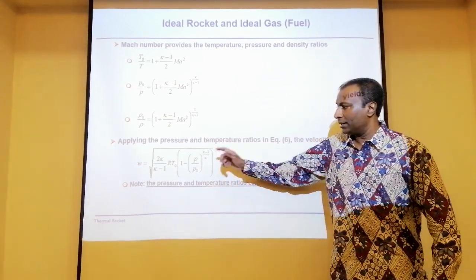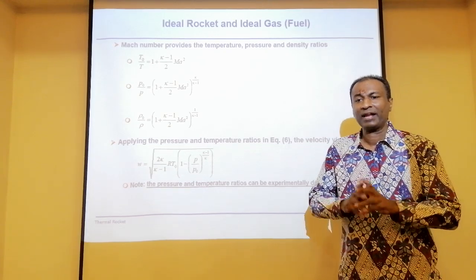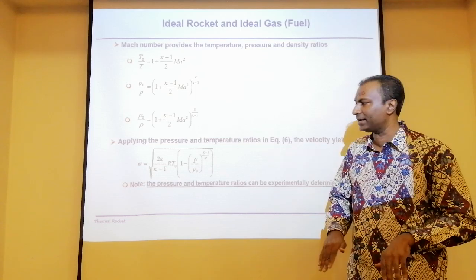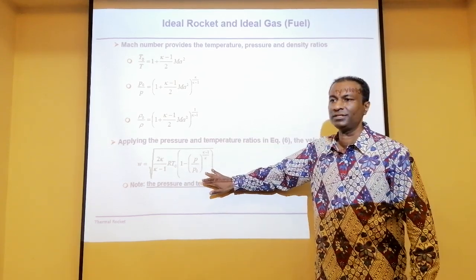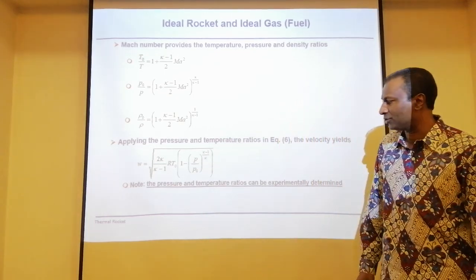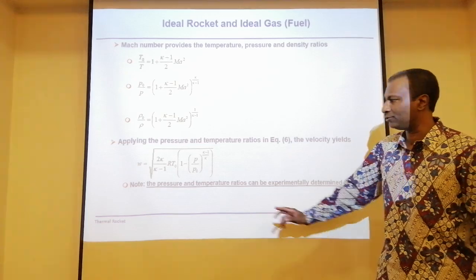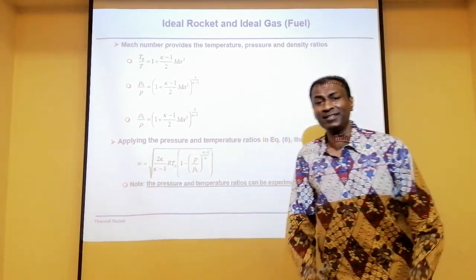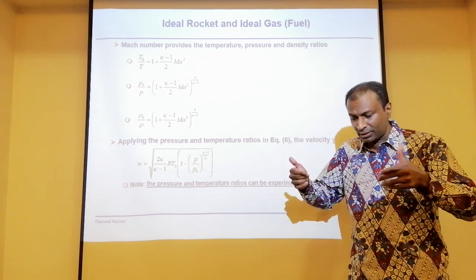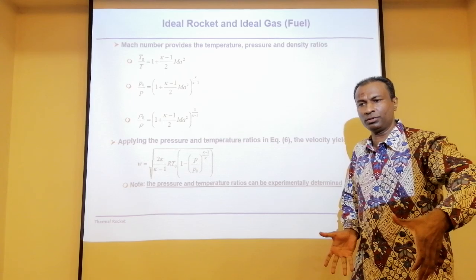So the W, that means the exit velocity, cannot be directly measured, but normally it is indirectly measured by using this equation. The pressure and the temperature ratios can be experimentally determined, therefore I should be able to calculate it. Measuring the exact W is so difficult because, which spot do you want to measure? A nozzle is very huge.